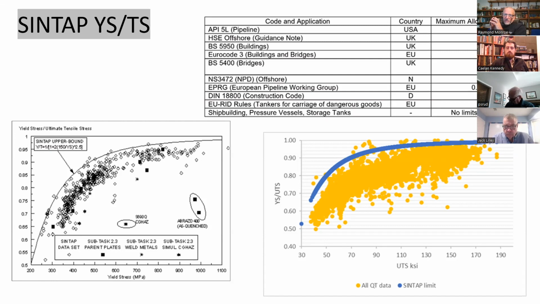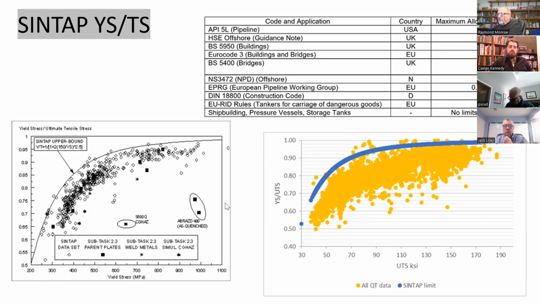So in design, if I have a small section, like in the test bar, a reduced section, it doesn't matter if I get to yield first, as long as the ultimate strength is high enough compared to the yield strength that it'll yield somewhere else before I break in that reduced section. So yield strength, ultimate strength ratio can actually mean something in design.